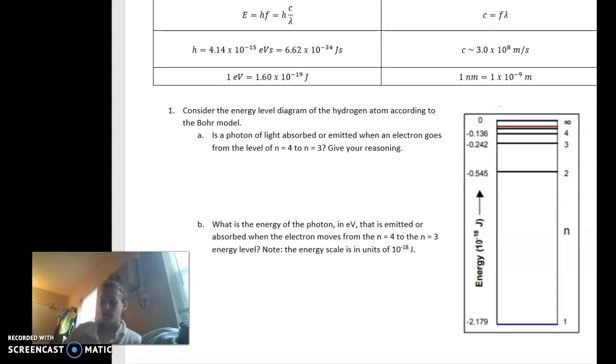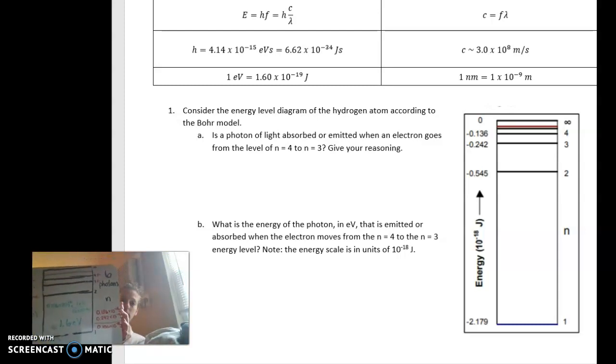So I would take my value, 0.106 times 10 to the negative 18th, and divide that by 1.6 times 10 to the negative 19th joules. I would find that the energy in electron volts for the photon that is emitted is 1.6 electron volts. I showed my first calculation in red and then my conversion in green.